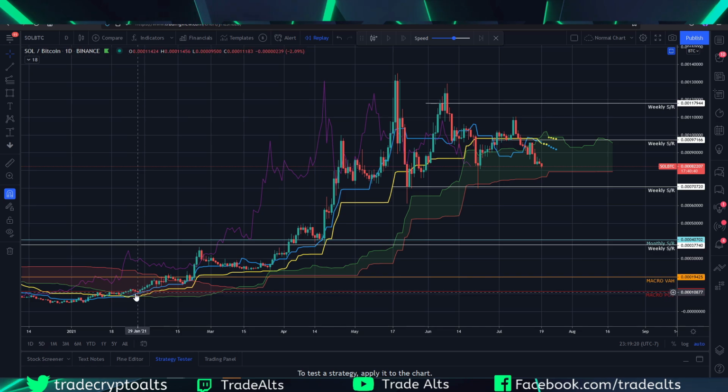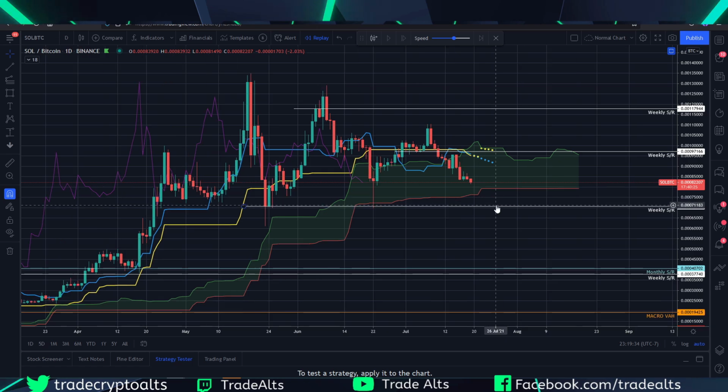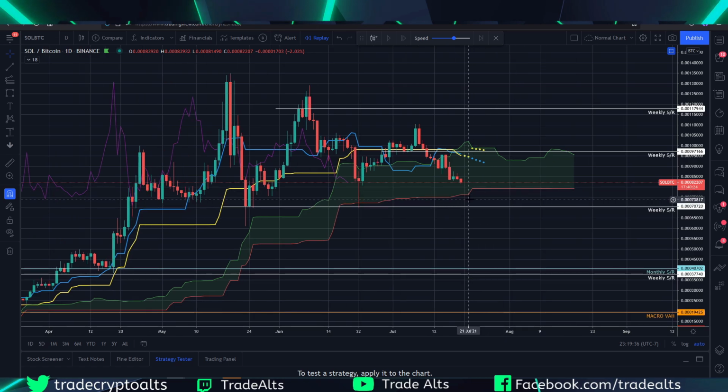Very beautiful entry here. For those of you who watched the Ichimoku module that I put up, you're going to have a pretty good idea of what this looks like. But you have not had a closure below cloud at all yet. So that's definitely something to keep your eyes on. That would probably lead me to think that we do end up breaking to the downside.